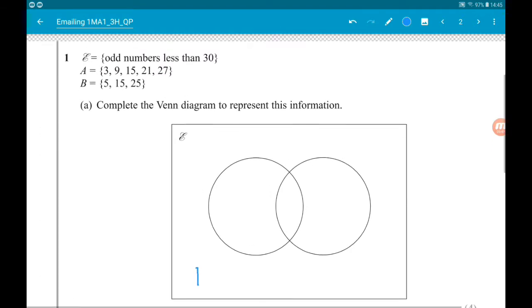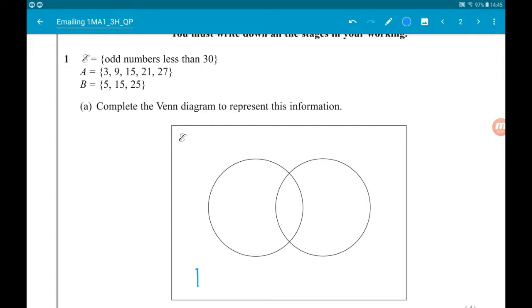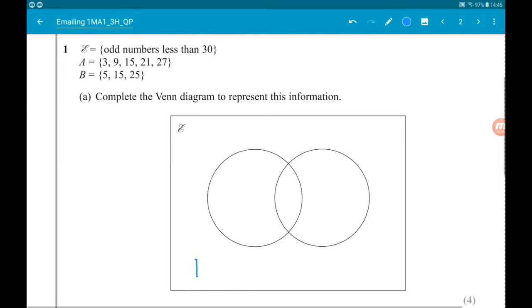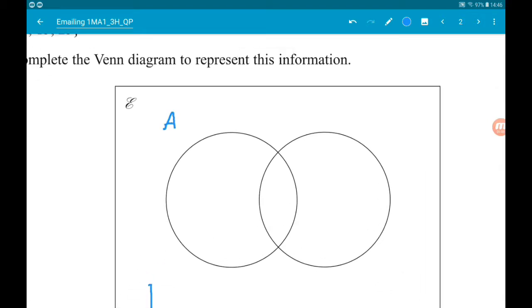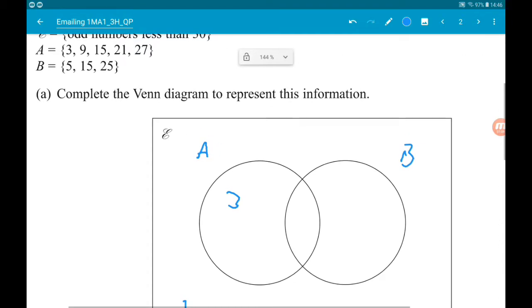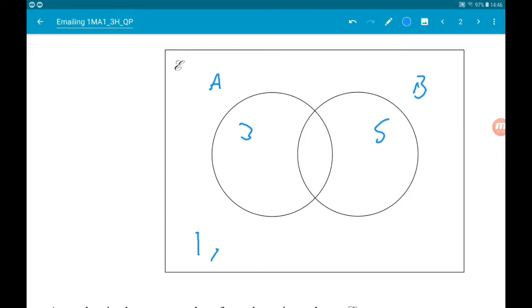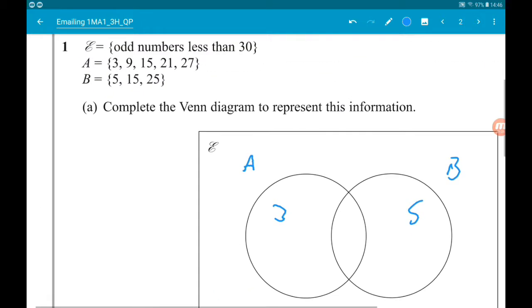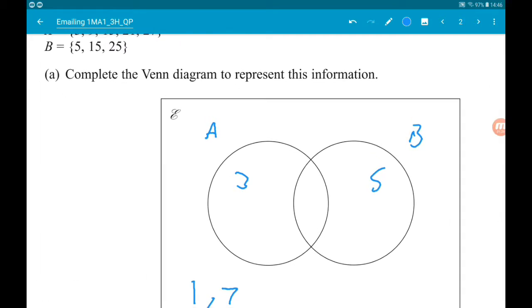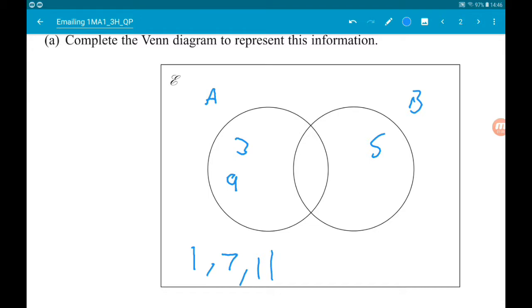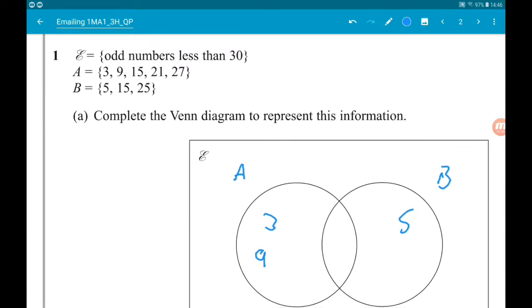Then the next odd number is 3, which is in A but not B. So we need to label our circles. 3 is in A, 5 is in B but not A, 7 is in neither, 9 is in A but not B, 11 is in neither, 13 is in neither, 15 is in both, so that goes in the middle.